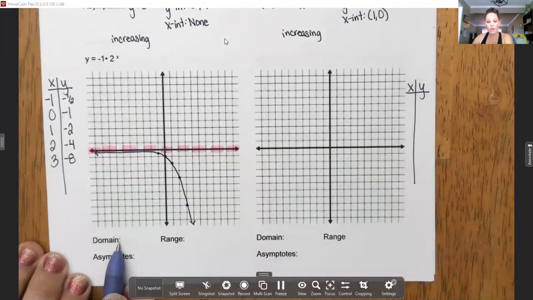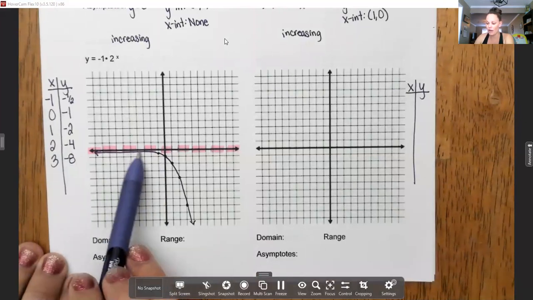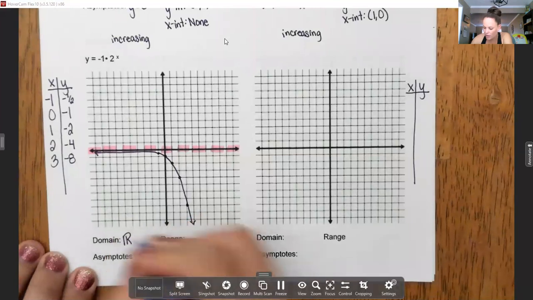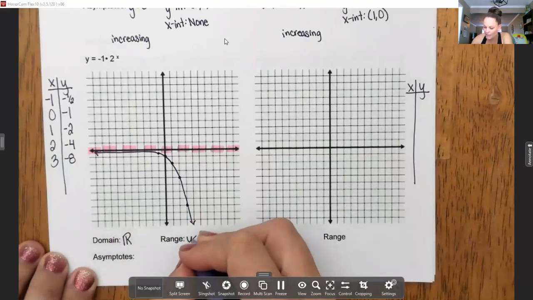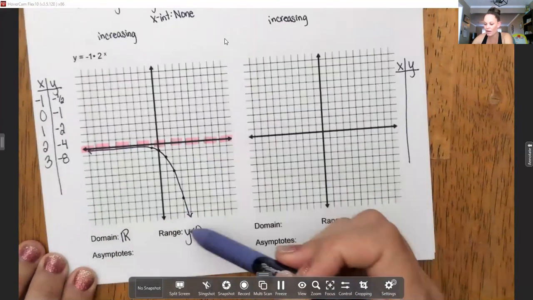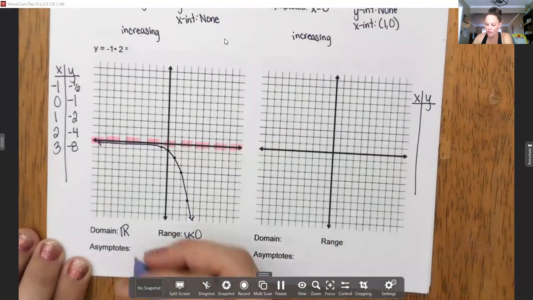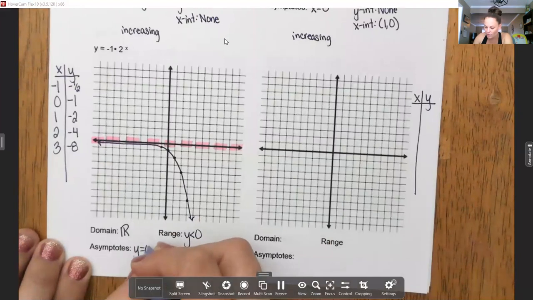So here my domain, again, x values. I can plug anything in for x left and right. My range is y is less than 0. I only have negative numbers, and it's not or equal to because I have that asymptote. That asymptote is at y equals 0.